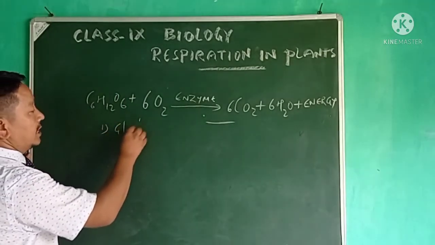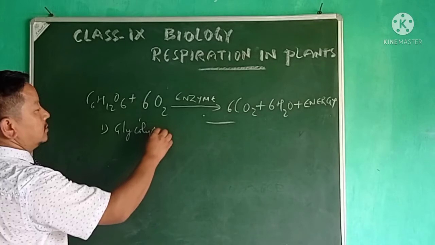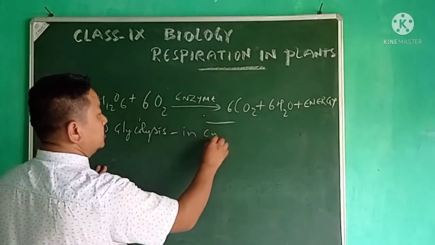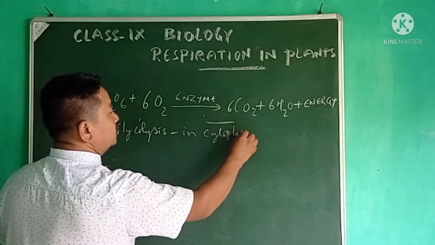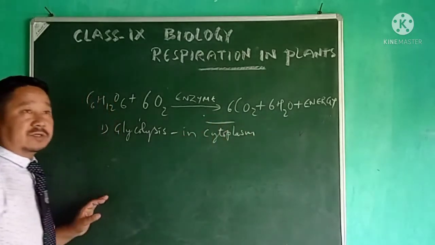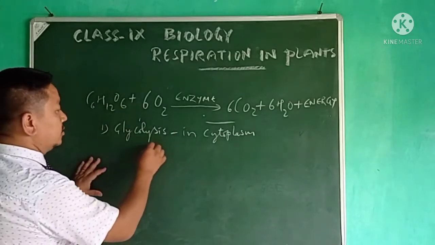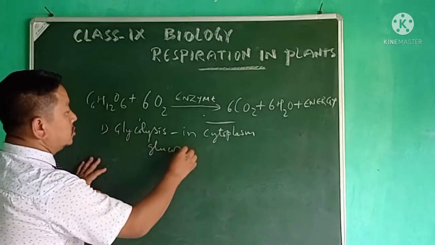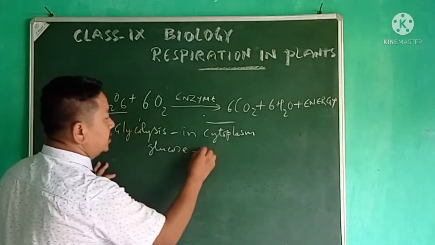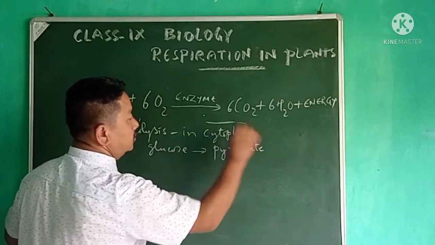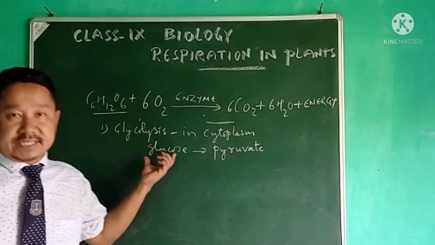They are glycolysis, which takes place in the cytoplasm. In this step, glucose will be converted into pyruvate. That is the first step.